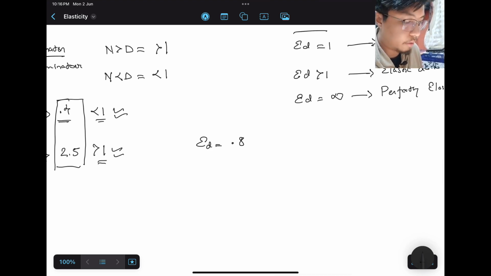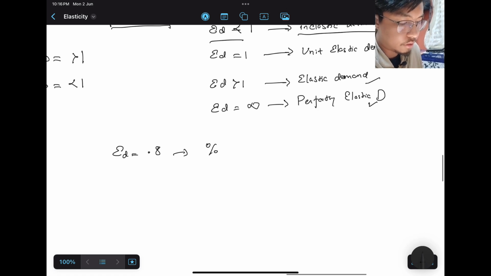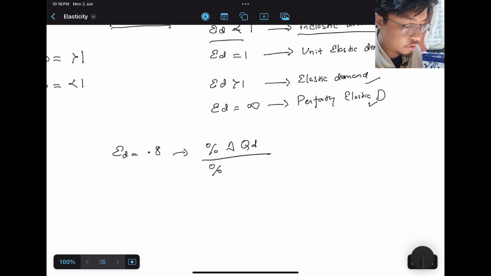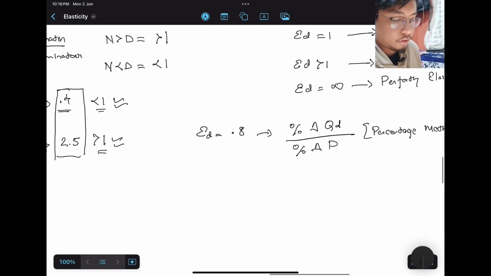The elasticity of demand is nothing but the ratio of percentage change in quantity demanded to percentage change in prices, right? This is my price elasticity of demand as per the percentage method. And now your value has come out less than 1.